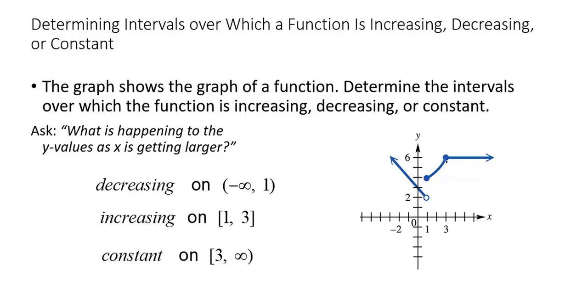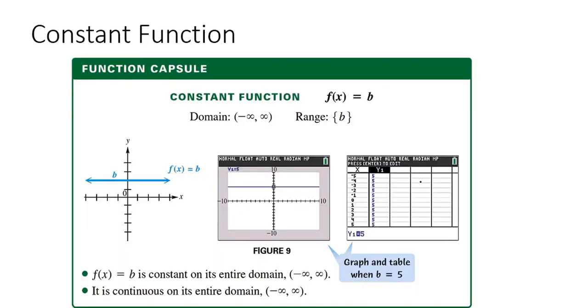All the way from 3 to infinity, there's no change there. So including 3 all the way to positive infinity, this function would be constant. Constant function would be like f of x equal to b.